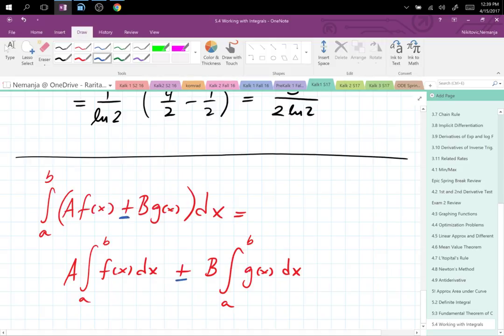Just like for derivatives, you cannot deal with products and quotients, right? There are special ways in which you have to. So you can do the separate integrals for addition and subtraction. You do each one independently. But if you have a function times a function, you cannot do the separate integrals. That doesn't work.